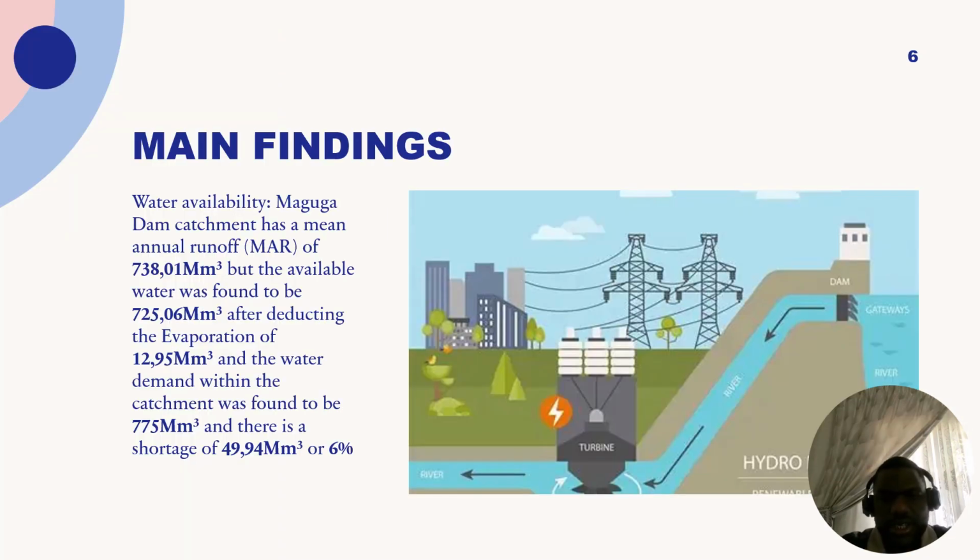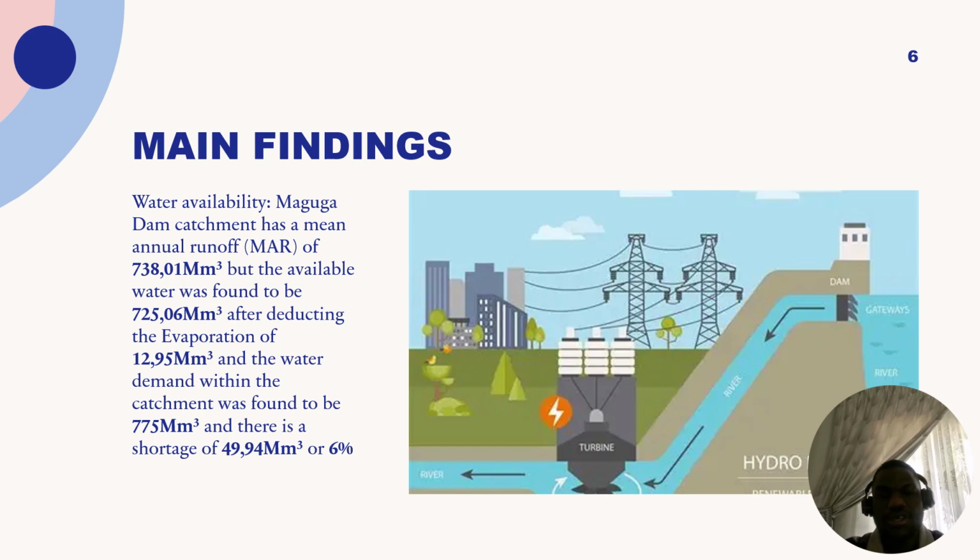The main findings will start with the water availability. It was depicted that the mean annual runoff was found to be 738.01 mega cubic meters, but that was excluding all the losses such as evapotranspiration and infiltration.